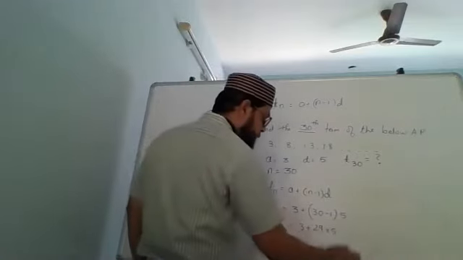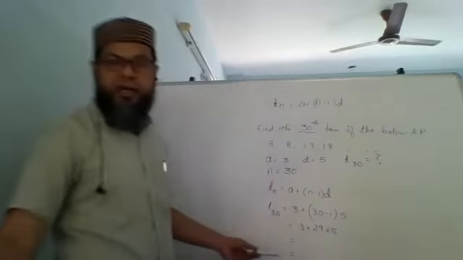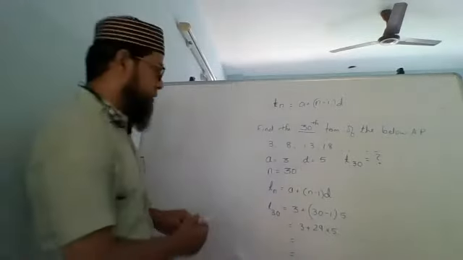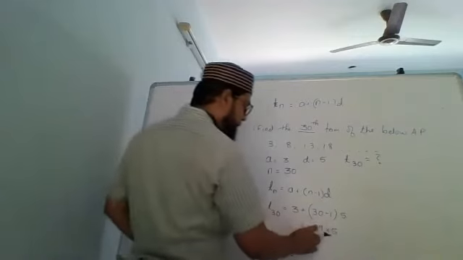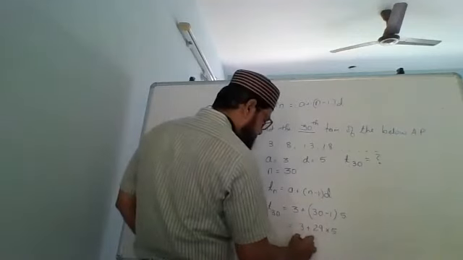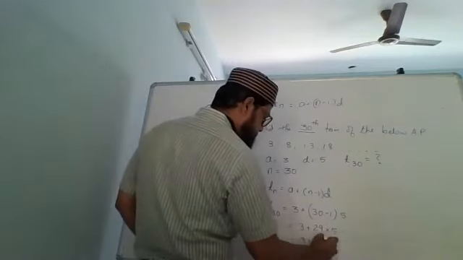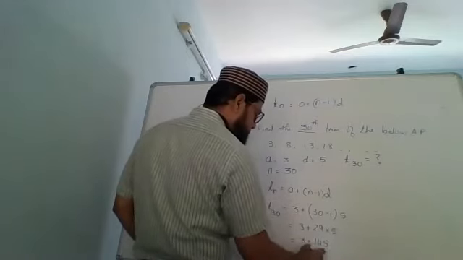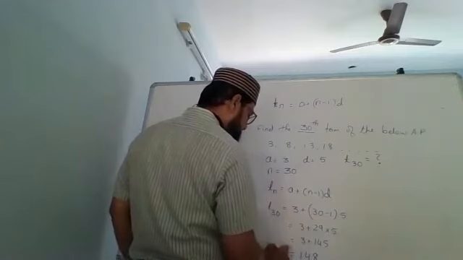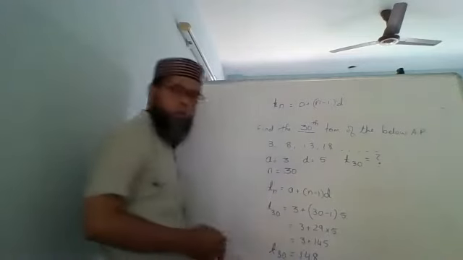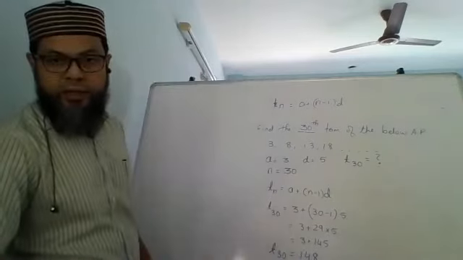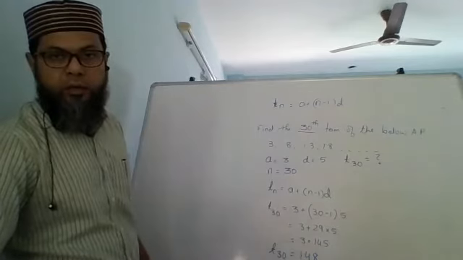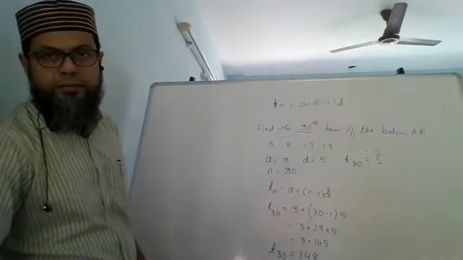That's where you have to be careful. Everything done and you make a mistake over here, that is not acceptable. So 29 into 5, now add it. So your 30th term is 148. Your 30th term is 148.